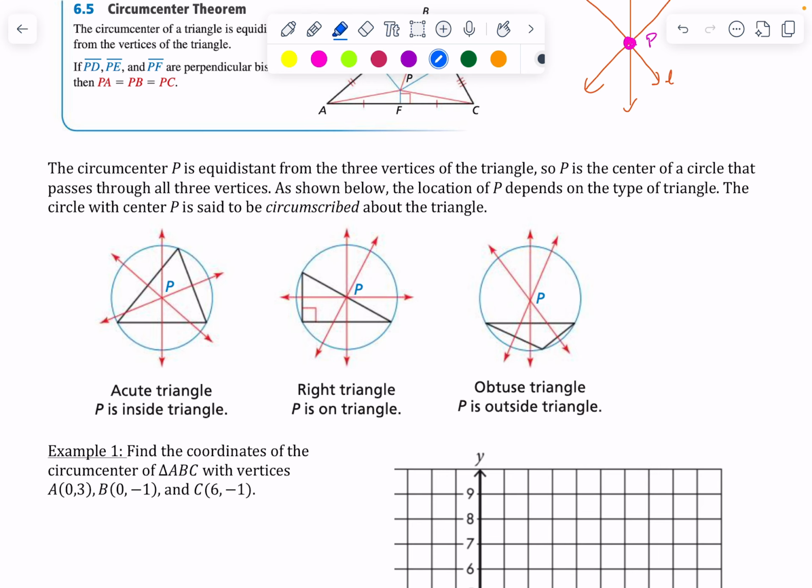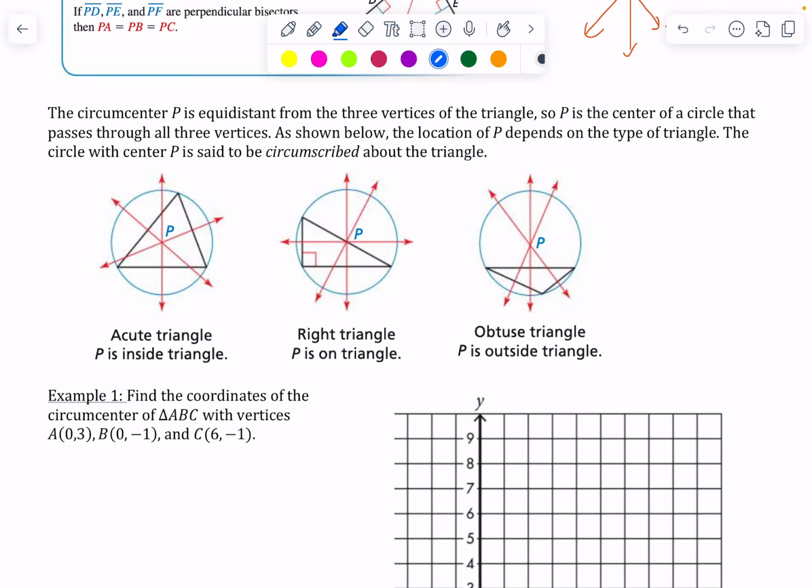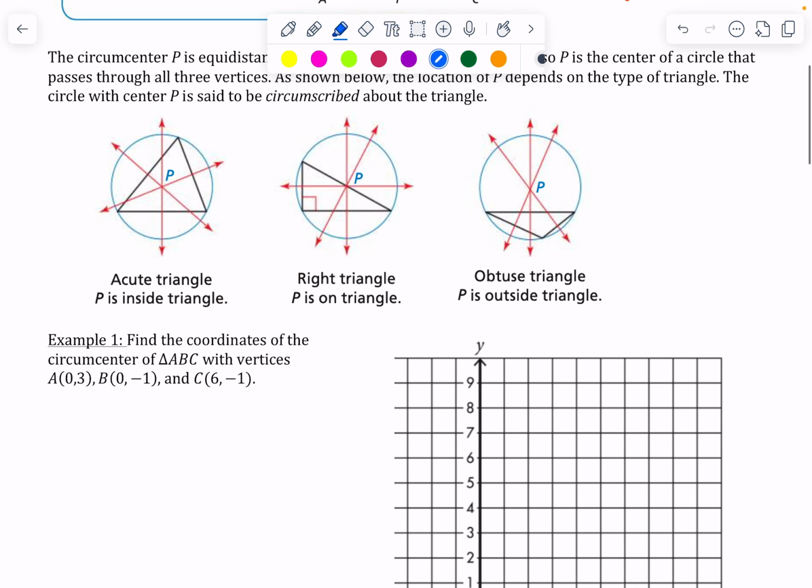Now, the location of P is going to depend on the type of triangle. The circle with center P is said to be circumscribed about the triangle, so it's around the triangle. If we have an acute triangle, then point P, the circumcenter, is inside the triangle. If you have a right triangle, then point P is on the triangle, like we see here. And if you have an obtuse triangle, then point P is outside the triangle. Okay, so those are the three cases.